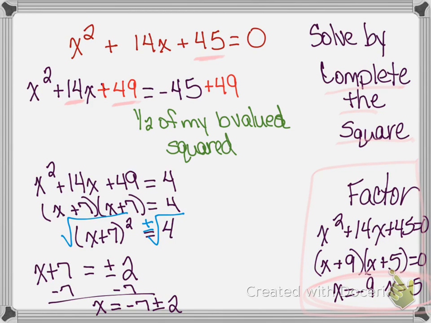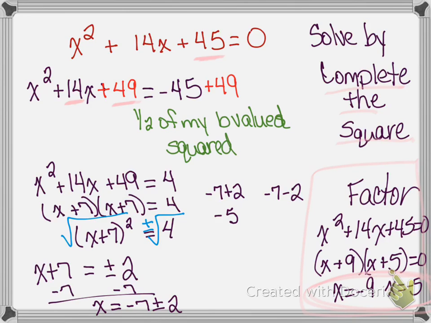Now, a lot of people are going to want to stop there because sometimes we do. Sometimes we have plus or minus 2i. Sometimes we have plus or minus the square root of 3 or something like that. But this we can keep going. This becomes negative 7 plus 2, negative 7 minus 2. Negative 7 plus 2 is negative 5.